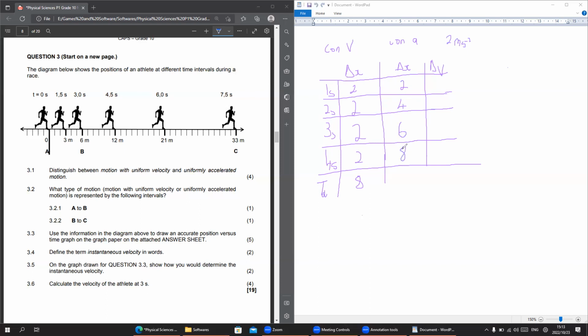As you can see here, the displacement stays the same. It's always 2. But here, you're adding. You're still gonna add 2. So it's like the first one, you add 2. The second one, you add 2. The third one, you're gonna add 2. You see?